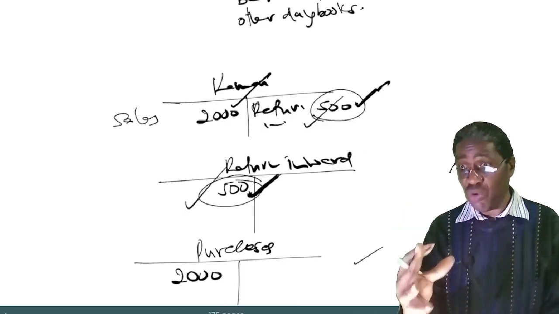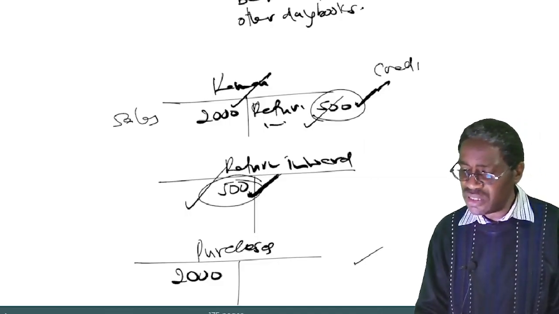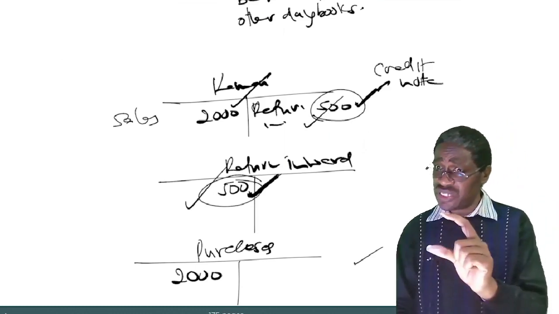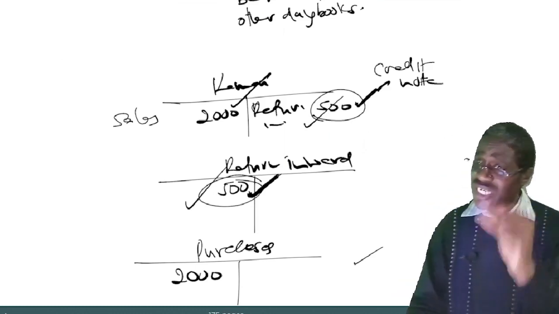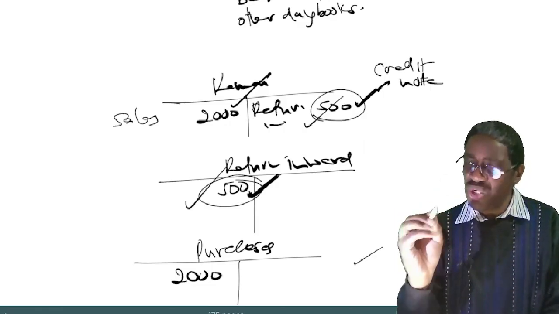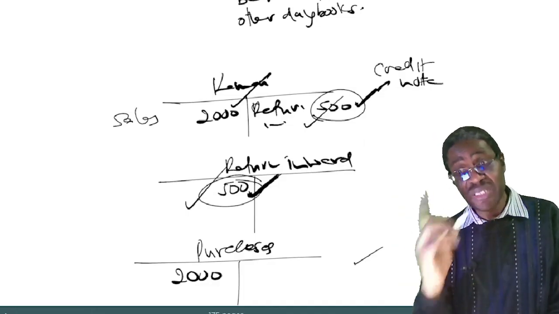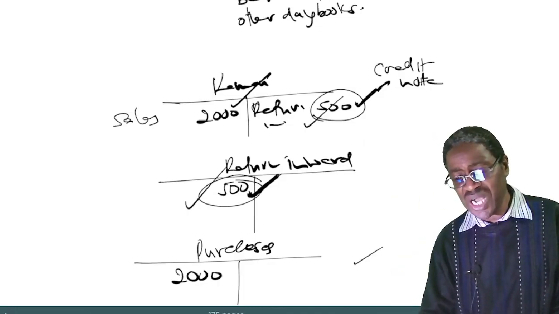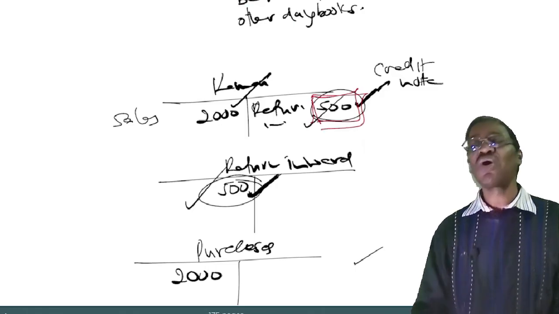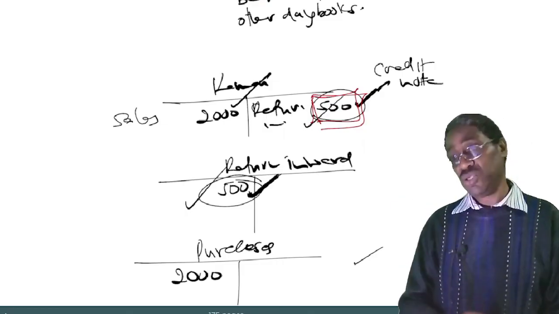The source of that information is what we call a credit note. So when Kamau returns goods back into the business, you as a businessman will give him what we call a credit note, telling him that you are going to credit his account so that you reduce what he owes you. That's why we call it a credit note.